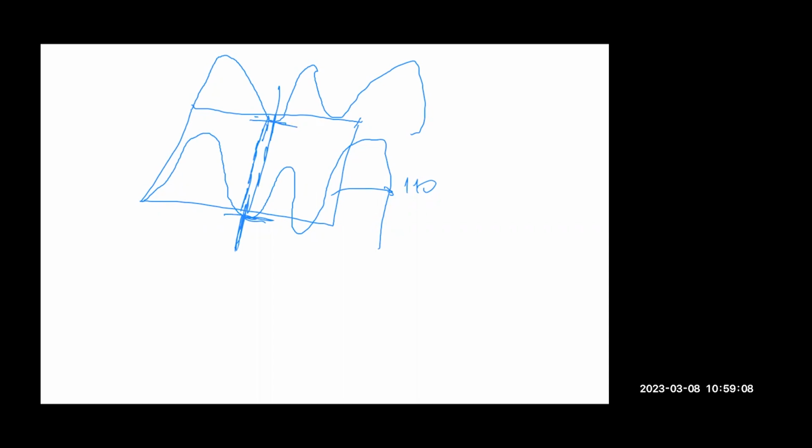For BCC materials, in order for this dislocation to jump to the other energy scale, you need to overcome this energy barrier, delta E. And to overcome it, you need to load your material to very high stresses.